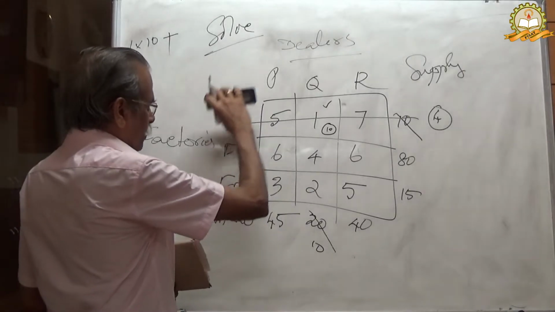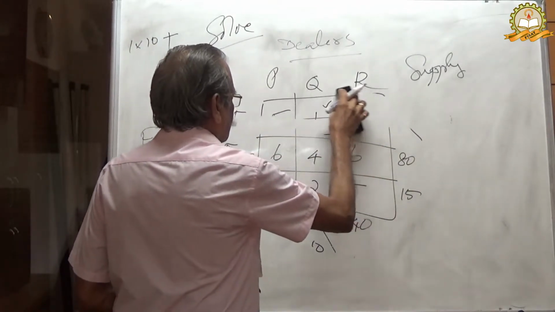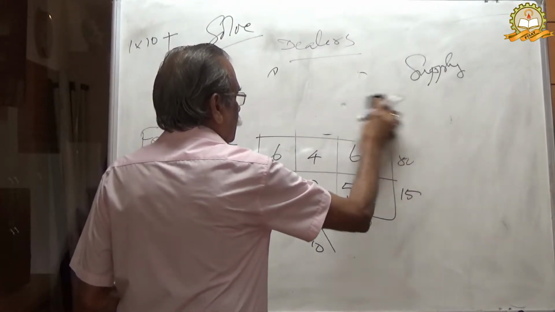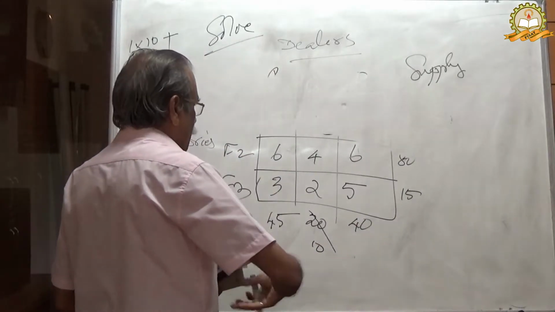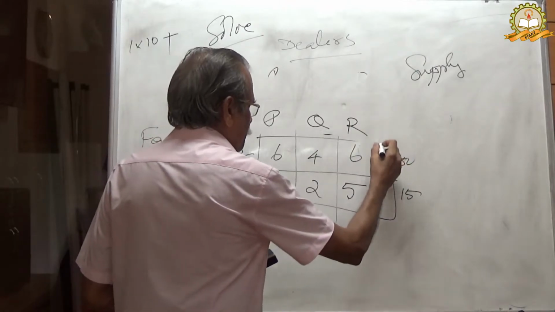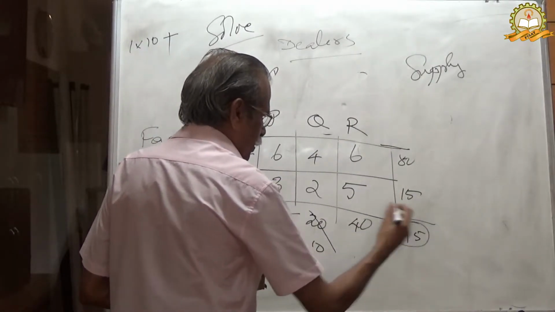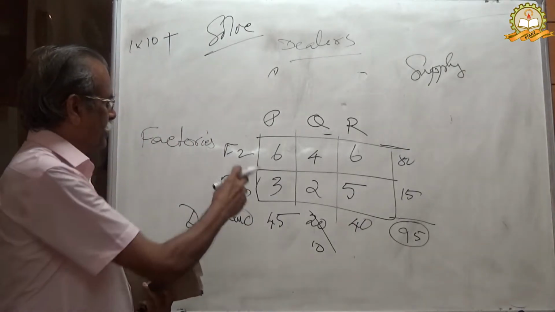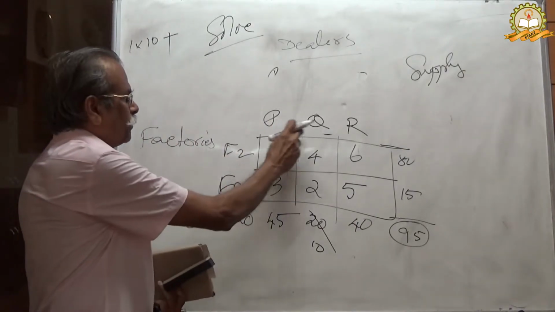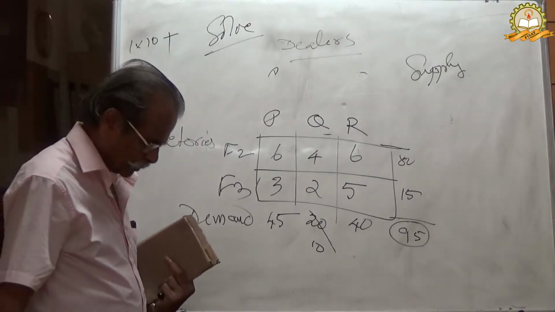Therefore, we have a revised matrix. Revised matrix, you can write F2 and F3, P, Q, R.